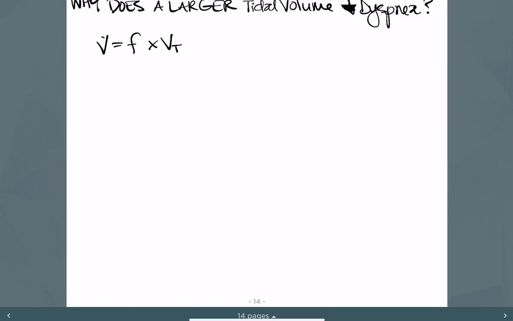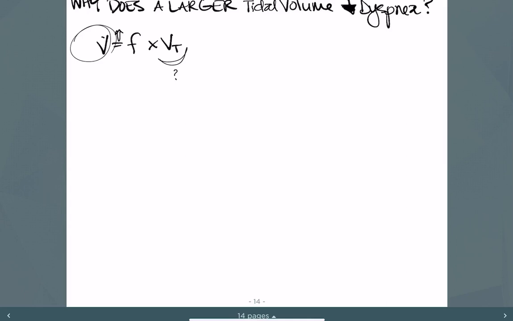So why is tidal volume inherently better? Why couldn't you just go super fast on your frequency? Both should equally increase minute volume, or minute ventilation.